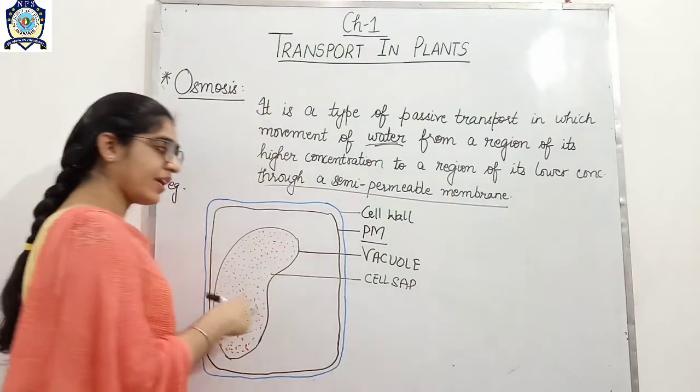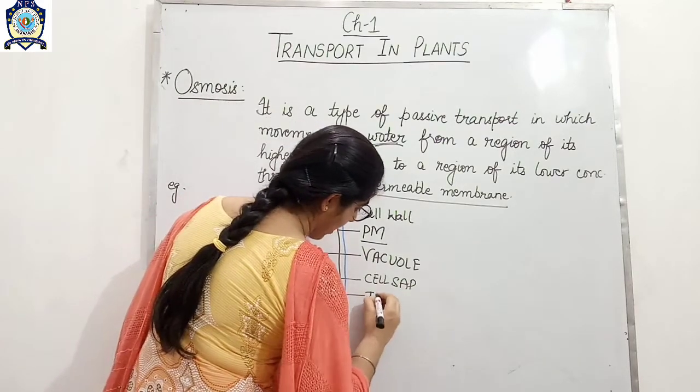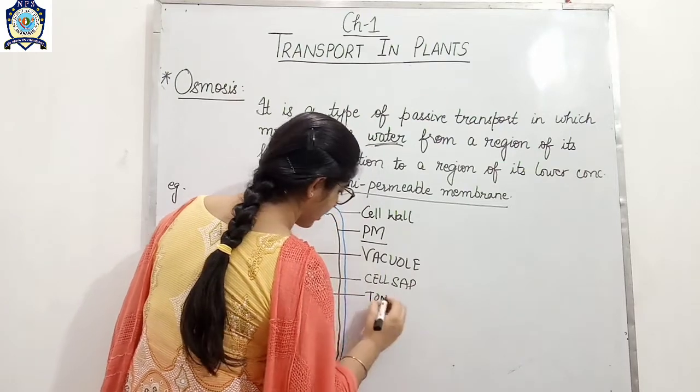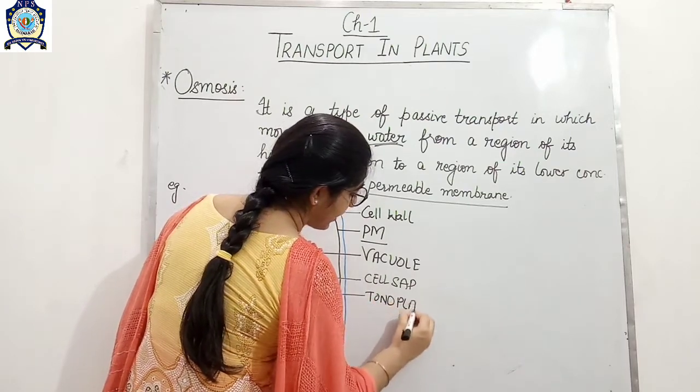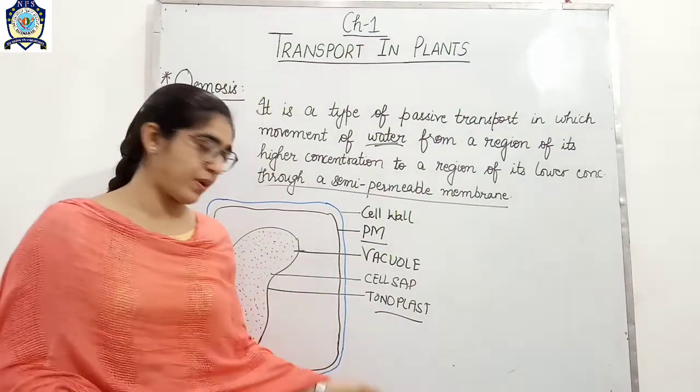The outer membrane of the vacuole is called the tonoplast.